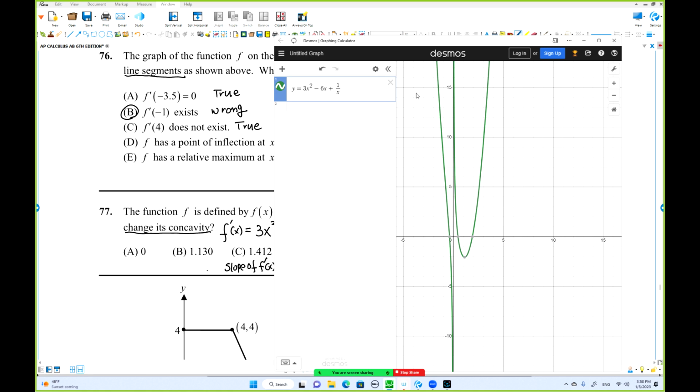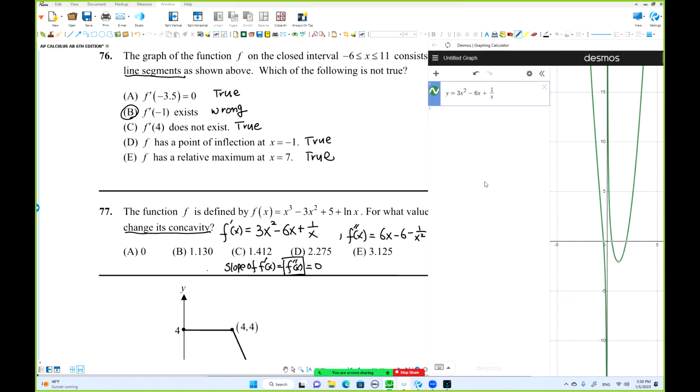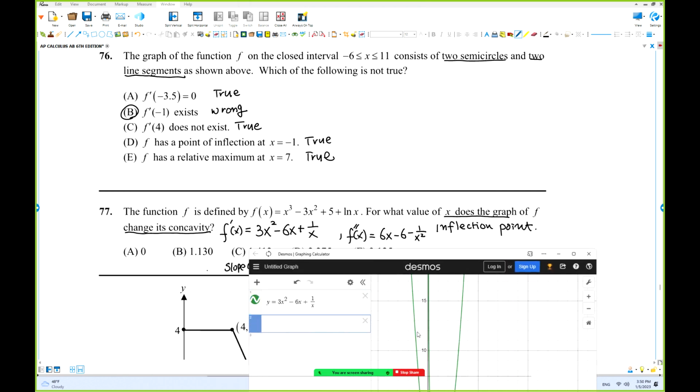Yeah. Alright. Another one is over here, the second derivative. We're going to try using the second derivative. 6x minus 6 minus 1 over x squared. You can use the second derivative too. I'm going to use the second derivative over here. Y equals 6x minus 6 minus 1 over x squared.